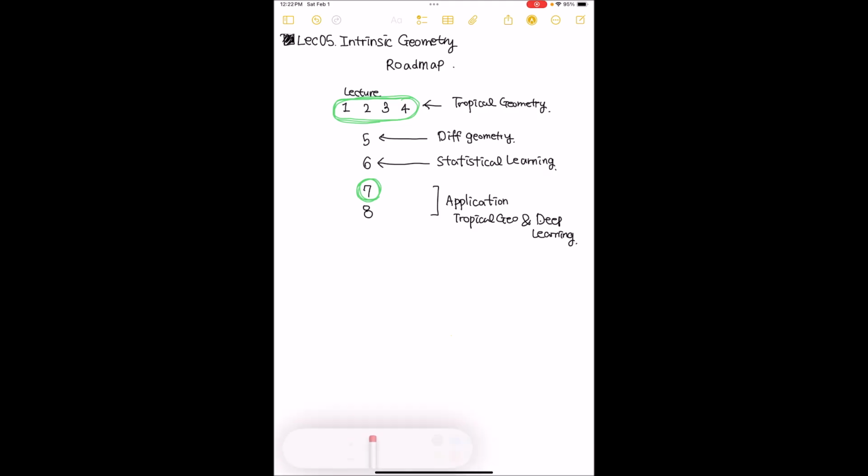In this lecture, section 5 and section 6, the main topics are far away from tropical geometry.